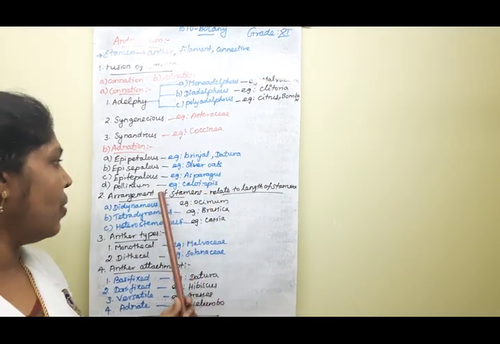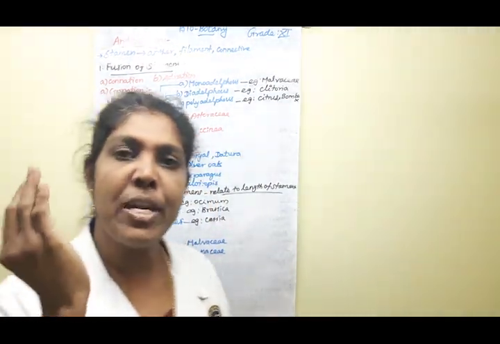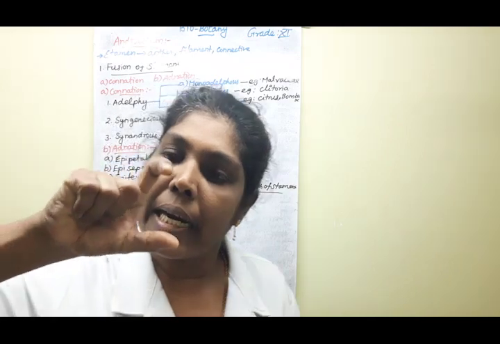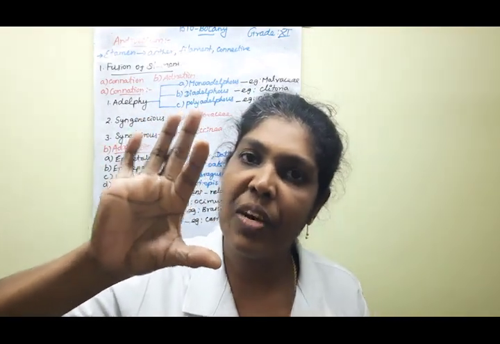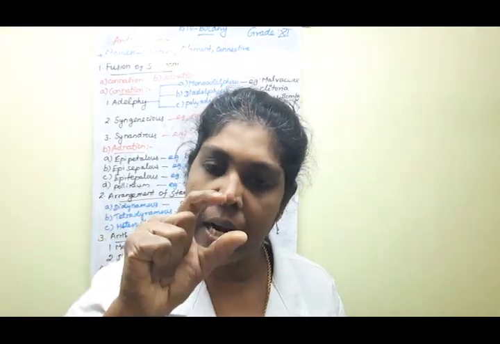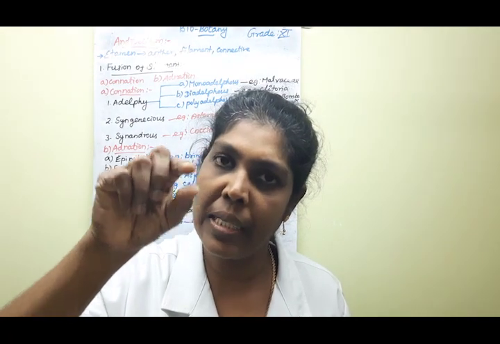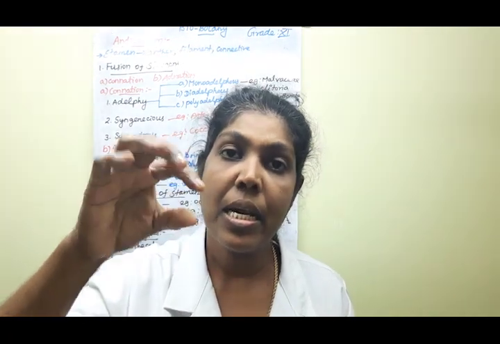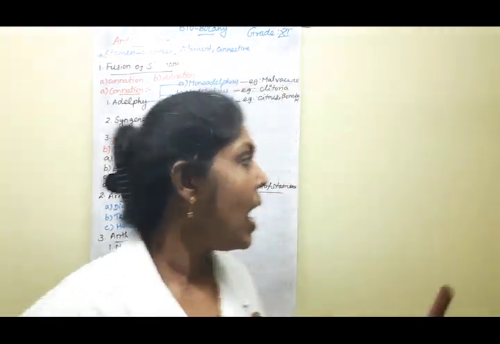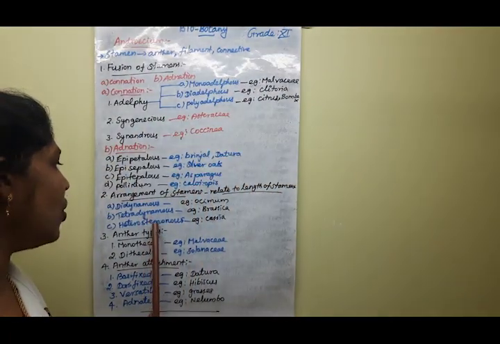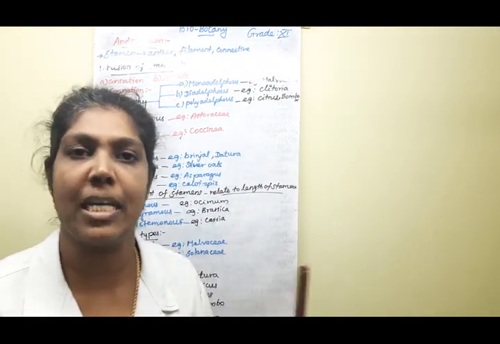Next one, the arrangement of the stamens related to the length of the filaments. Regarding the length of the filament representing the stamens, those are the terms we are going to learn next. Based on that, they mention three subtypes.